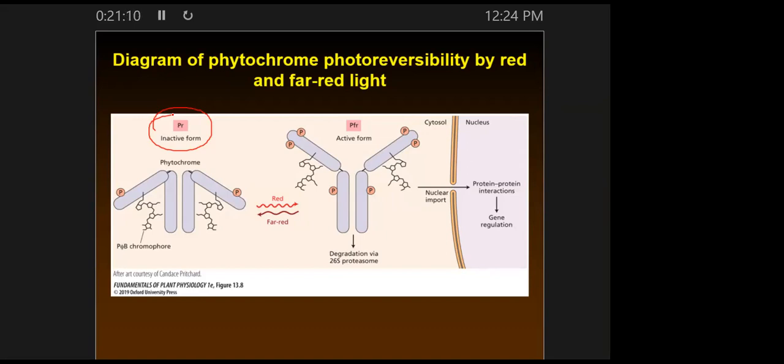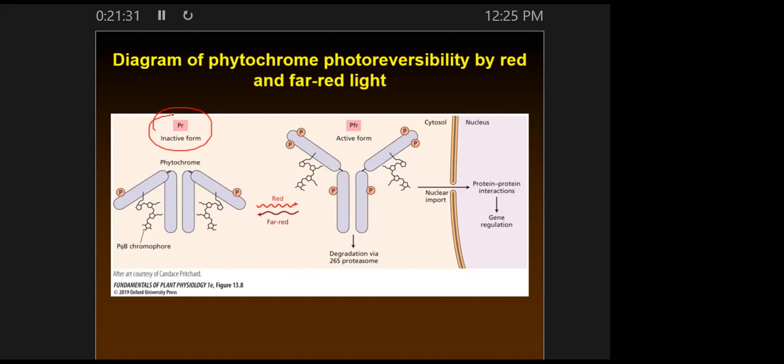So it's actually changing its physical shape depending on the quality of light you hit it with. Now this PFR form, you can see there's a hand shooting an arrow off, and they're saying this is the active form. What they mean by that is when it's in that PFR form, it is mobilized into the nucleus and interacts with proteins that interact with DNA.